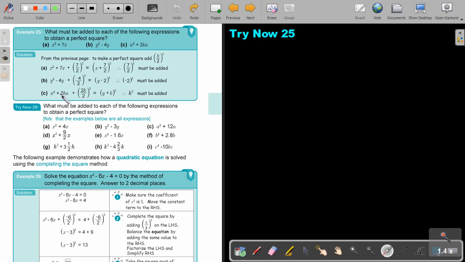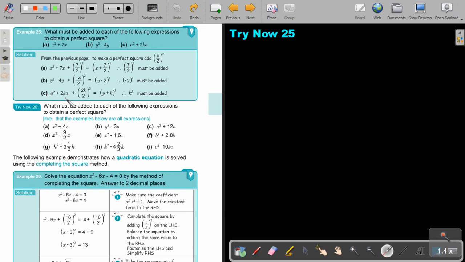Now it's more challenging. It's a squared a, so what's in front of a? So it's 2k, divide by 2 and I square the result. And then I will always remember that it's going to be y plus k.